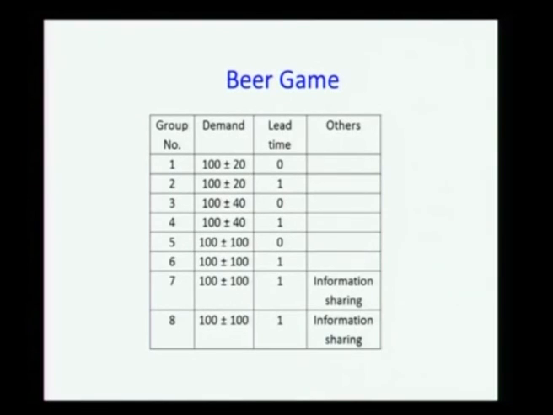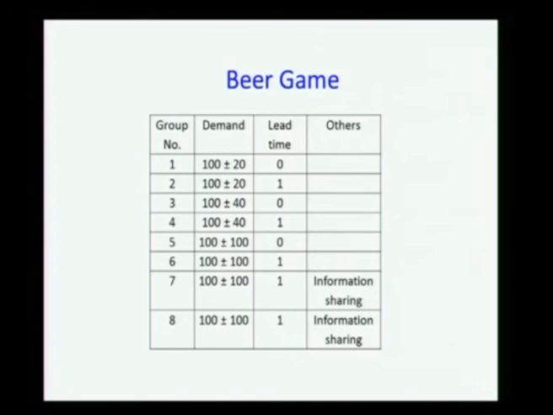So, for groups 7 and 8, when the customer demand is told, it is told to everybody, and they can also discuss it, and then they can make their own decisions with respect to how much they wish to buy. So, that is how information sharing is modeled. So, if you see the beer game setting that I have described, there is a variation in demand, though the mean demand or the average demand is the same.